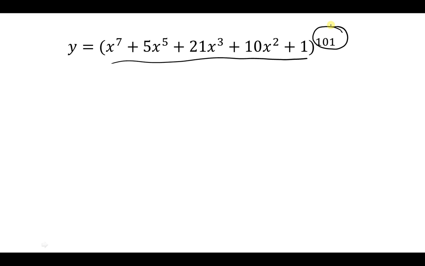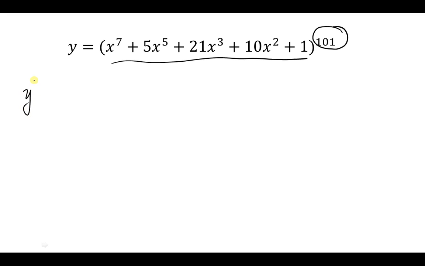Now, you could get by without using the chain rule if you had enough time to multiply this inner function out 101 times, and then take the derivative of each component, which would take forever and ever. But with the chain rule, we can write the answer down fairly quickly.